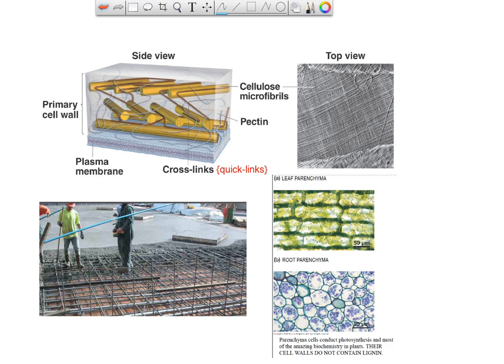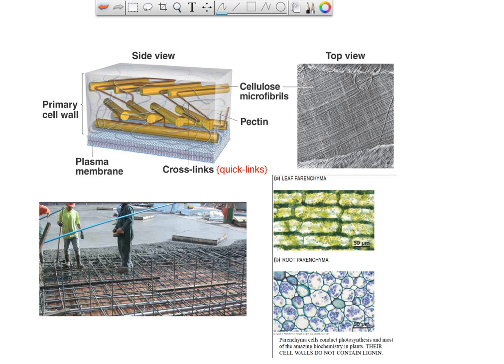So, if you were to think conceptually about what these cellulose microfibrils are doing, it helps to know a little bit about construction techniques. So, rebar, that's the pieces of iron, steel, that you find laid down before workers pour concrete.